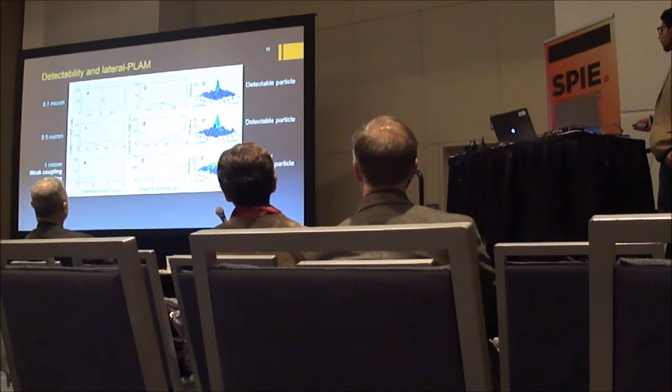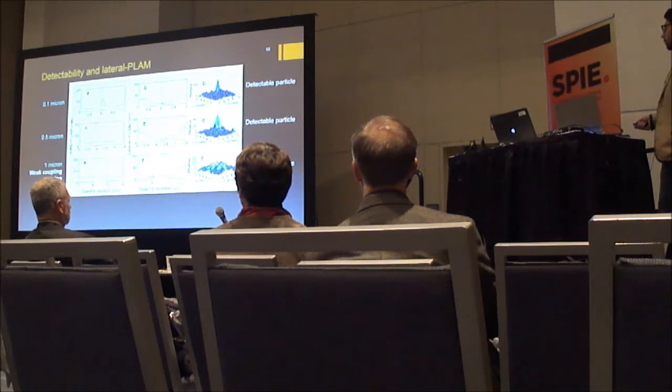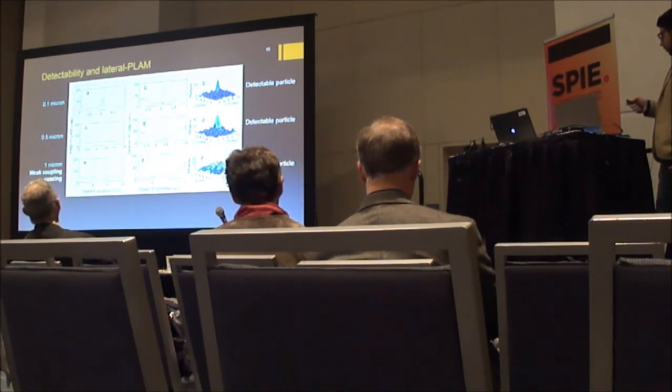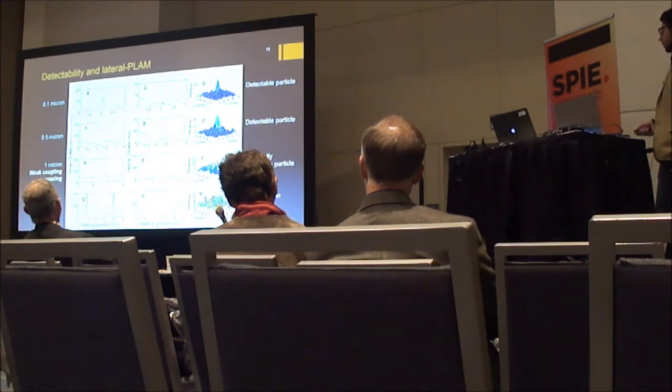At that position, with that spacing, the particle becomes marginally detectable, and the noise becomes more significant, so we can barely see the particle. And it turns out this spacing is the same as the weak coupling spacing. So if we even further increase the spacing, as you can see, the numerical values of the lateral plan become so large we cannot detect the particle anymore.